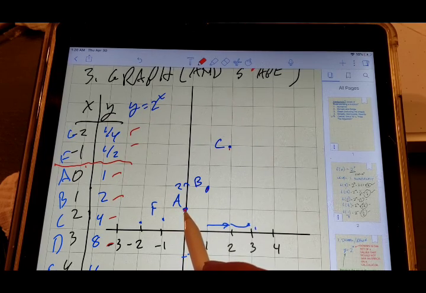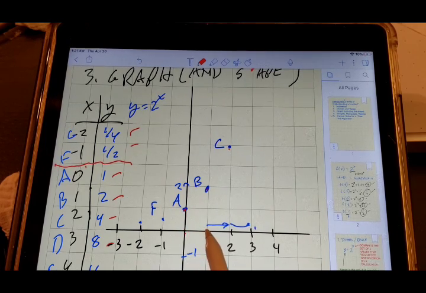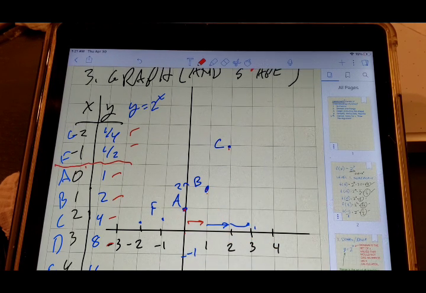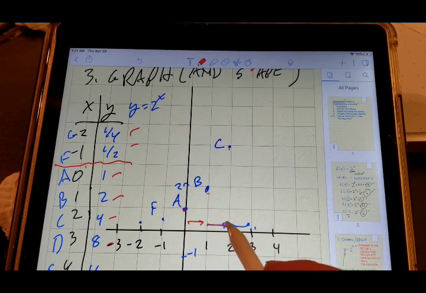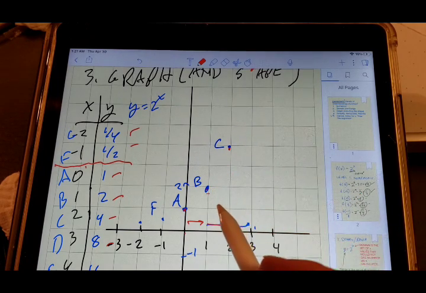Well, here's the pattern you want to notice. Notice how high point A is. Well, it's 1. If I take one step over this way, how high is point B? Well, it's 2, but what I want you to see is it's twice as high. If I take another step over, it's twice as high as the previous one.